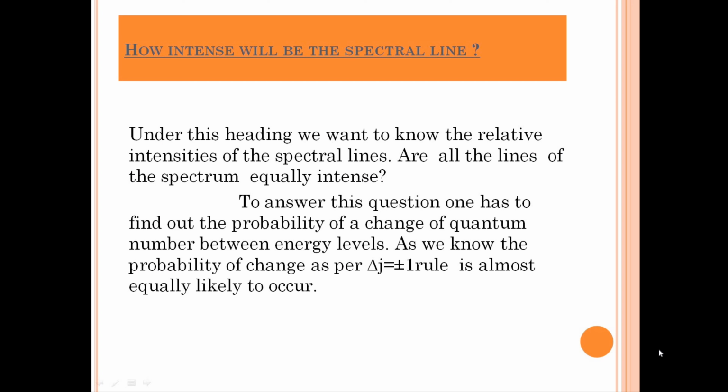Now come to the very important aspect of the rotational spectra, that is the intensity of the spectral line. How intense will be the spectral line? Under this heading, we will know how the spectral lines are giving us the intensities, that is, how to allot the intensity to this spectral line, or how the lines are observed in terms of their intensity.